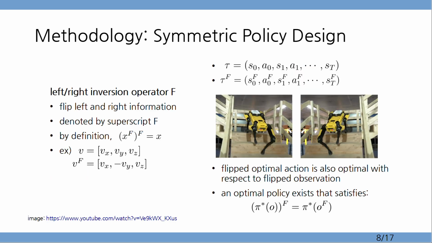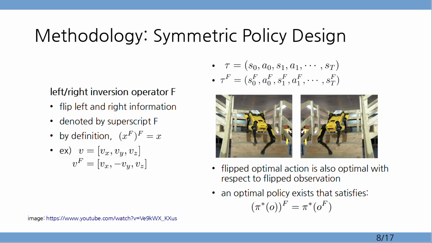Now, symmetric policy design. The core idea is that quadruped robots are structurally symmetric. We define an inversion operator, denoted by a superscript f, that flips left and right information. For example, a velocity vector (vx, vy, vz) becomes (vx, -vy, vz). Imagine an optimal trajectory of a robot climbing stairs.